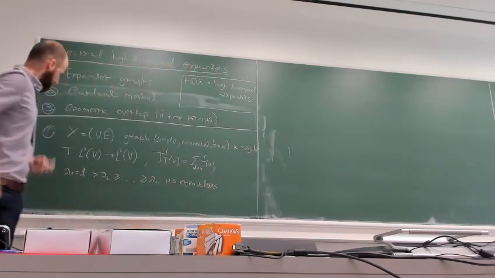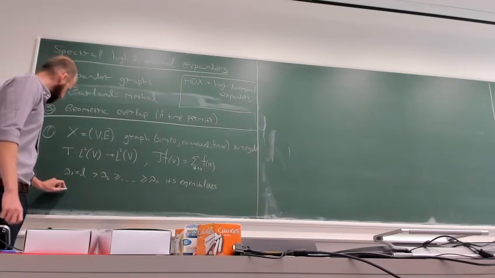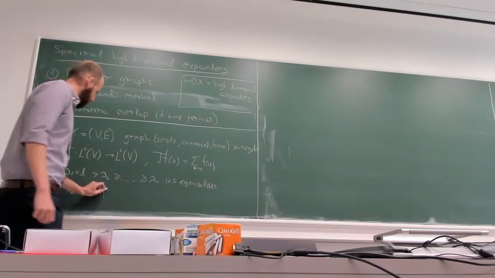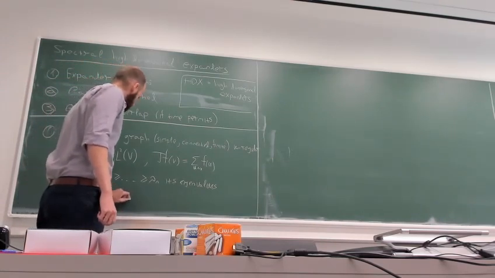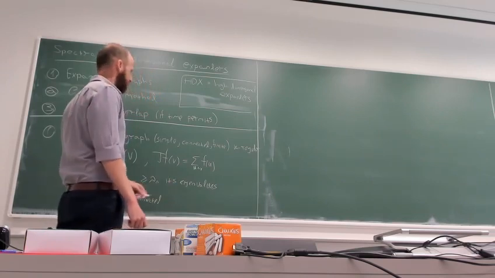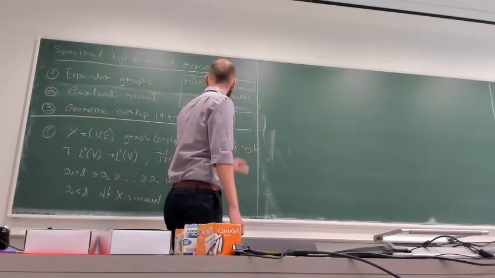And we've seen certain properties. For instance, lambda 2 is strictly smaller than d if and only if X is connected. So d is k, yeah.